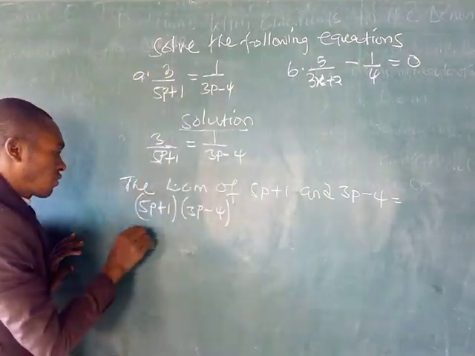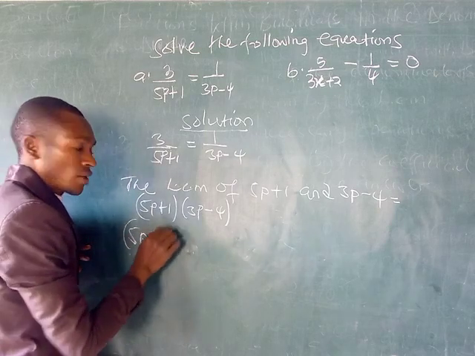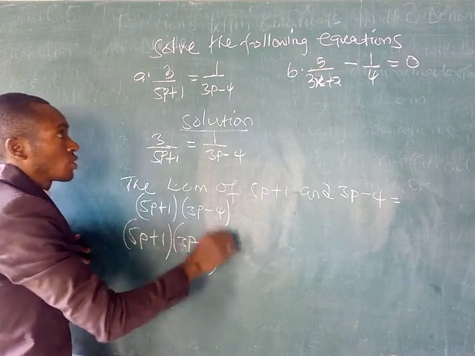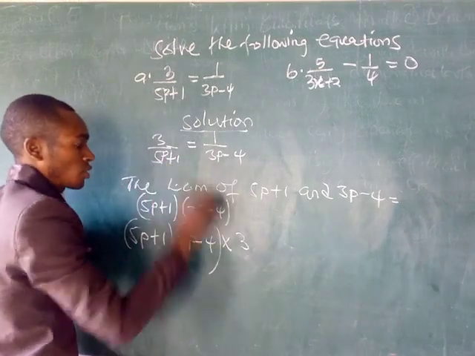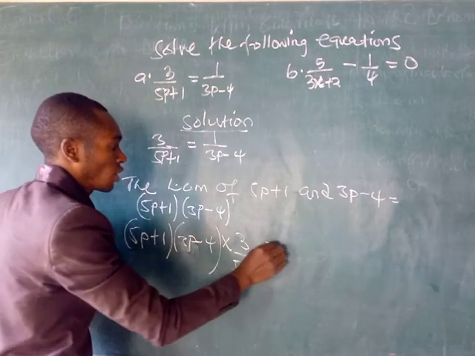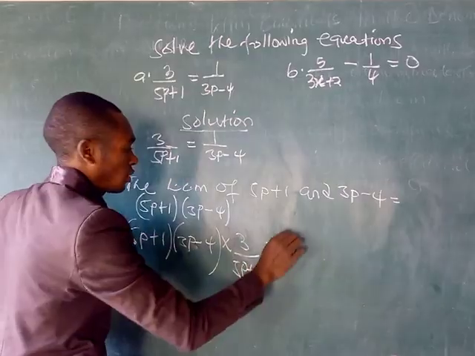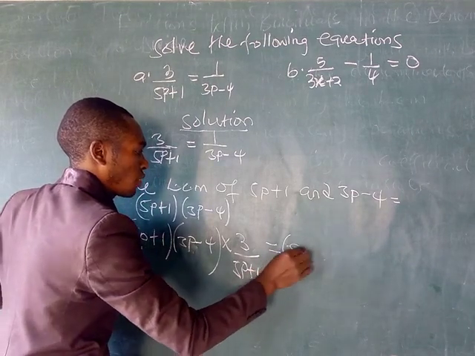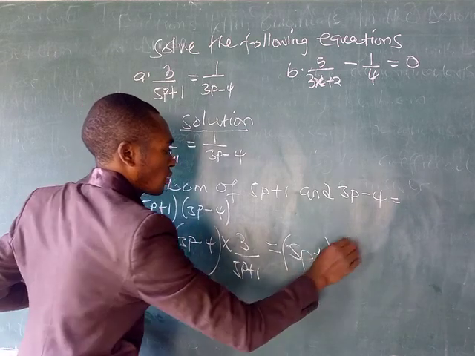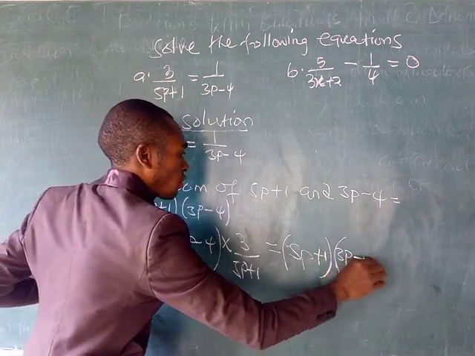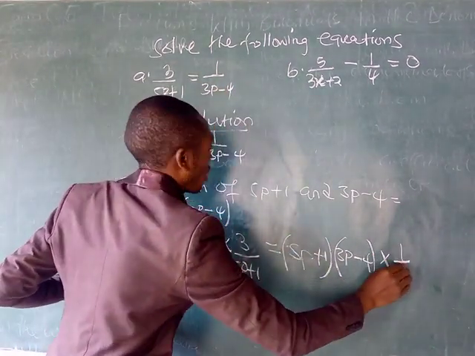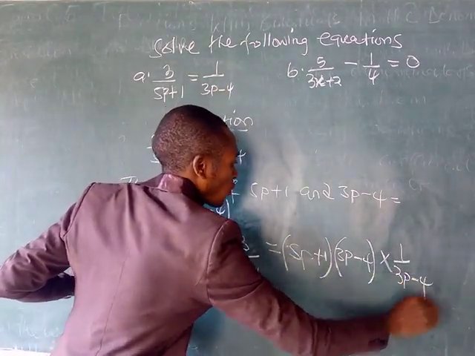Now we have 5p plus 1 and then 3p minus 4 times this first term, 3 over 5p plus 1, equals the LCM again, 5p plus 1, open bracket, 3p minus 4, close bracket, times this term, 1 over 3p minus 4.